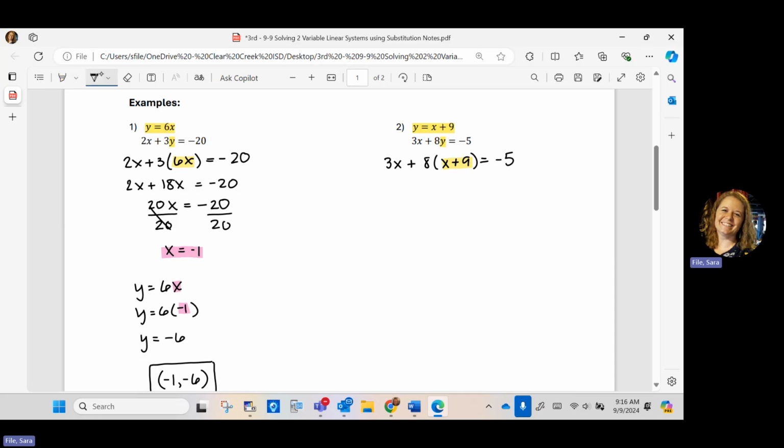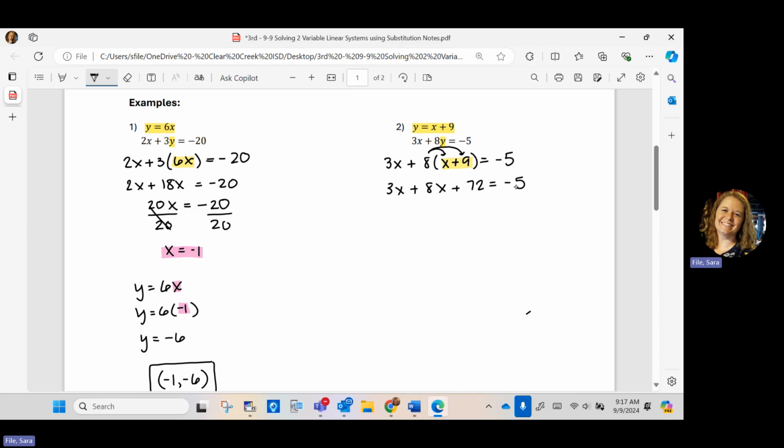Now I need to simplify on the left. Now on this simplification, because this is an expression, not just a monomial, I do have to distribute that +8. So I'm going to have 3x plus 8x plus 72 equals -5.